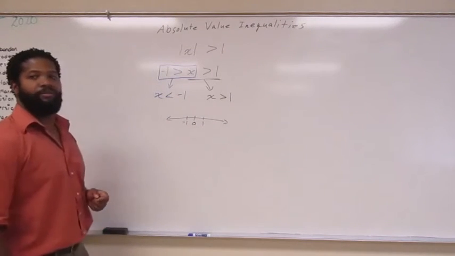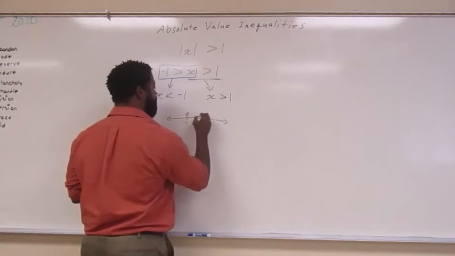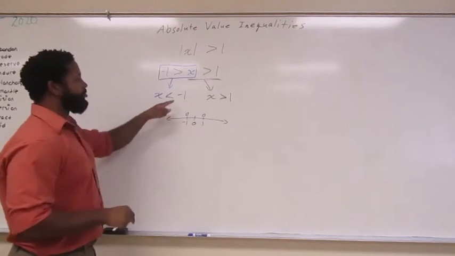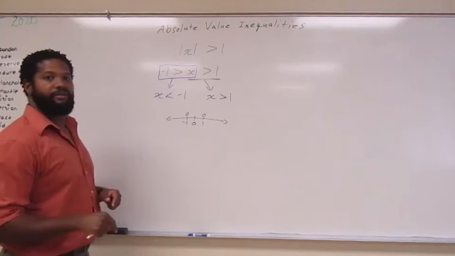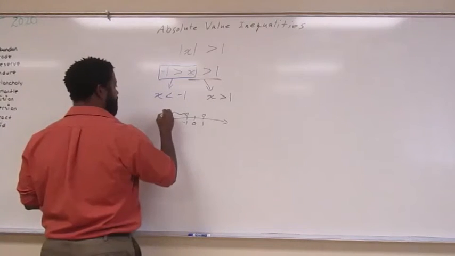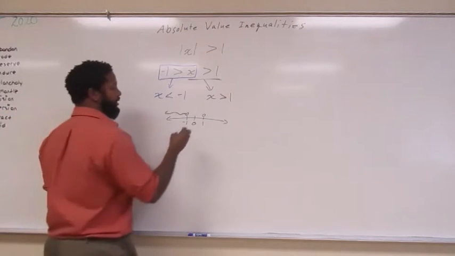What kind of circle is above them? Open. Good job, open. Which way is it going for the negative 1? To the left. Which way is it going for the 1? To the right.